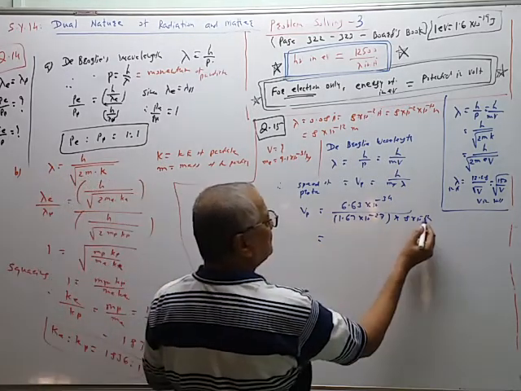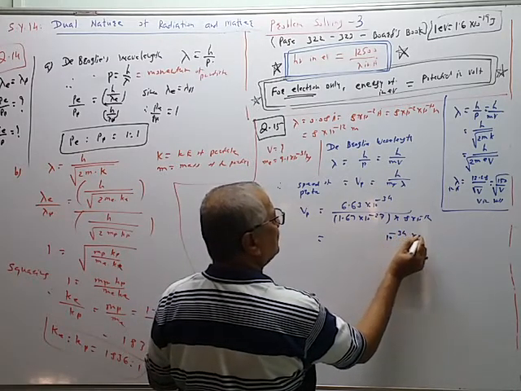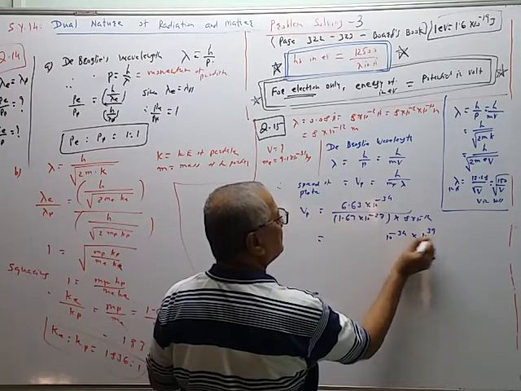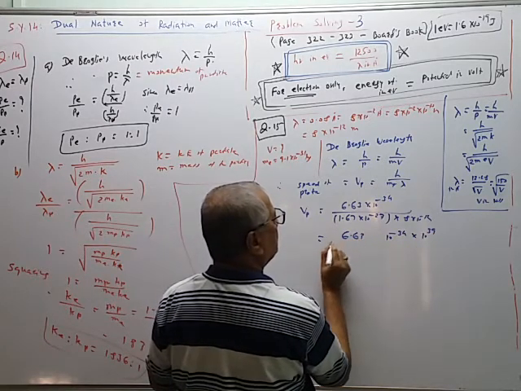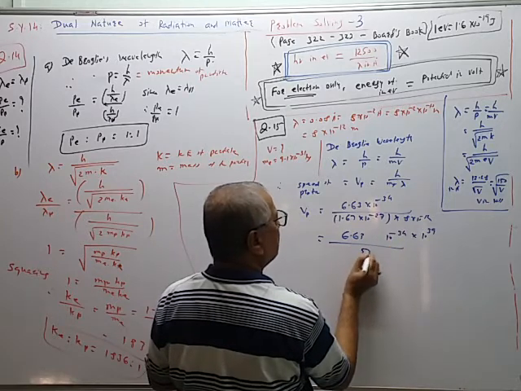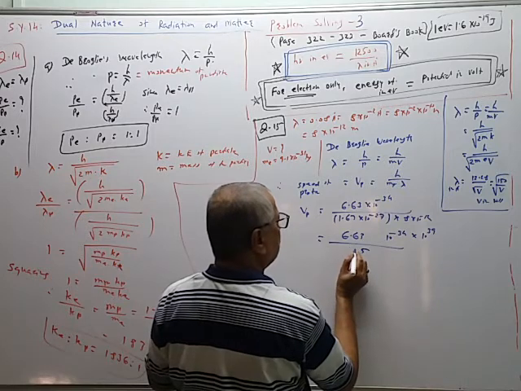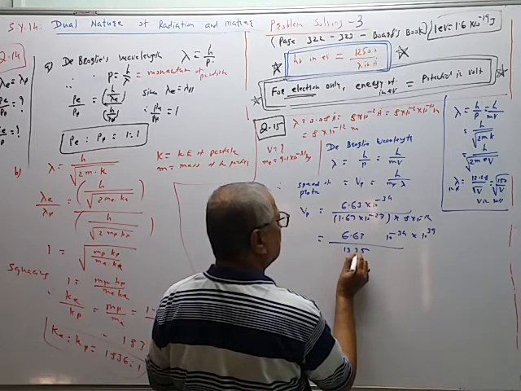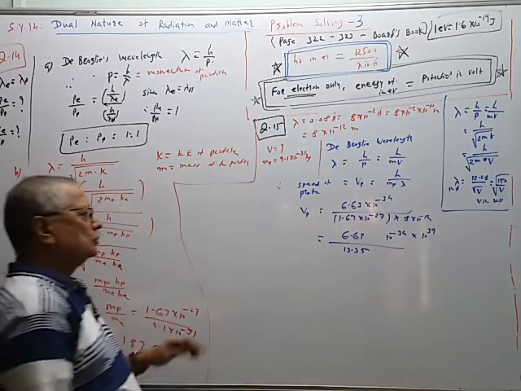So minus 27 minus 12, it will become minus 39. So 10 raised to minus 34, 10 raised to plus 39, 6.63 upon 8, multiply, 8 into 7 is 56, 13.35.